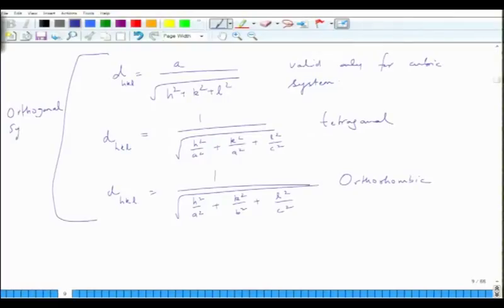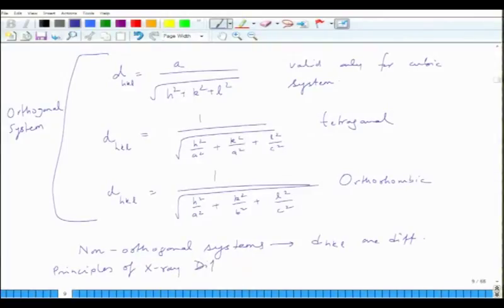For non-orthogonal systems, the DHKL are different, and I will refer you to Principles of X-ray Diffraction by B.D. Cullity.